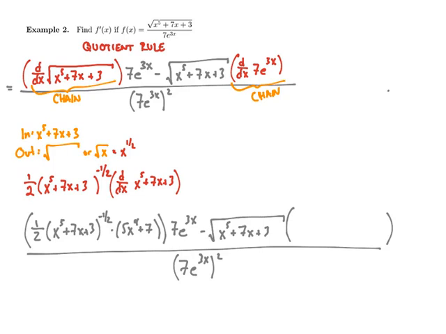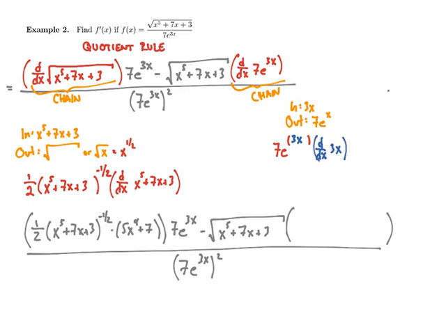Here, the inside function is 3x. The outside function is e to the x, or you could even think about like 7e to the x, or 7e to the something. The derivative of the outside is going to be 7e to the something. We're going to leave the inside alone. And we're going to multiply by the derivative of the inside function.